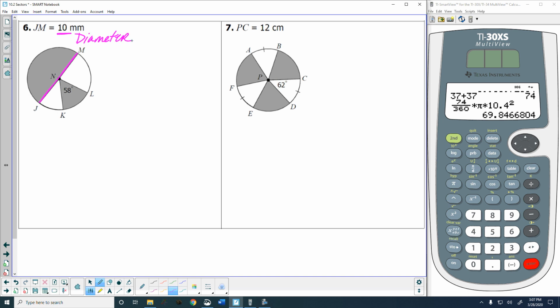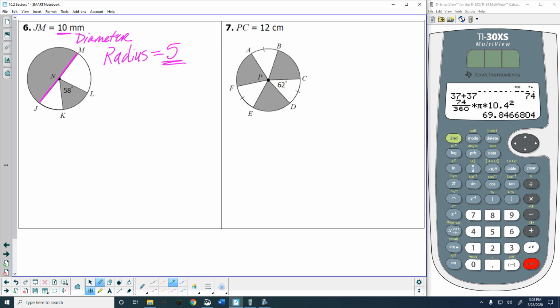So that means when we are completing this problem, we need to divide that 10 by 2. The radius of our circle is 5. And that's what we'll use in our formula. So do watch out on your homework. There were a few that had diameter given to you. Just make sure to divide that diameter in half.